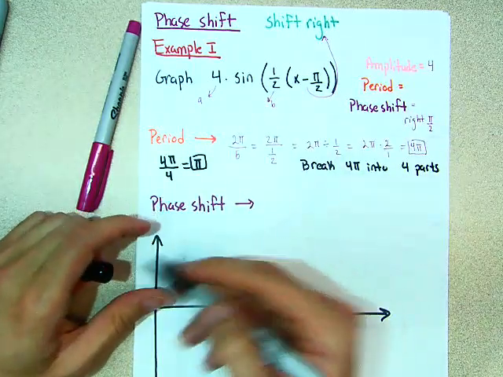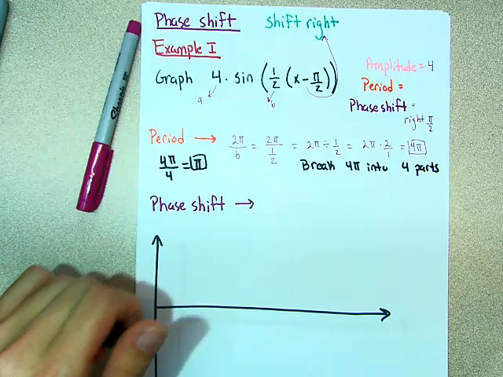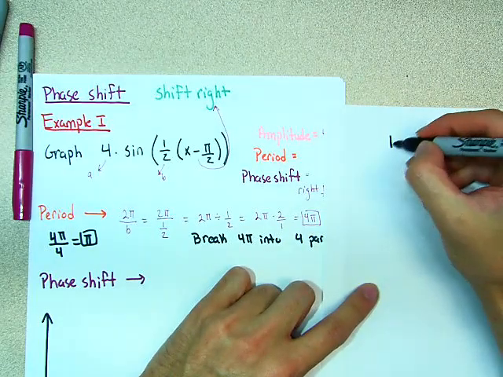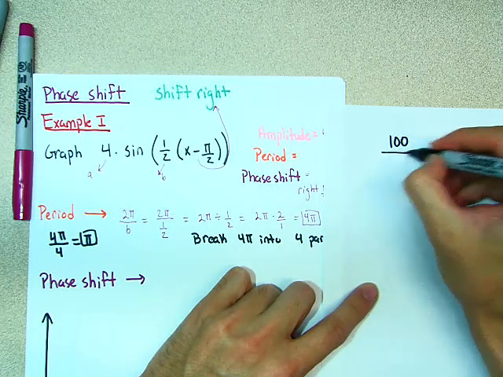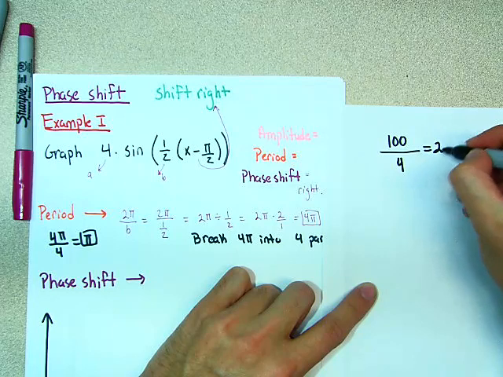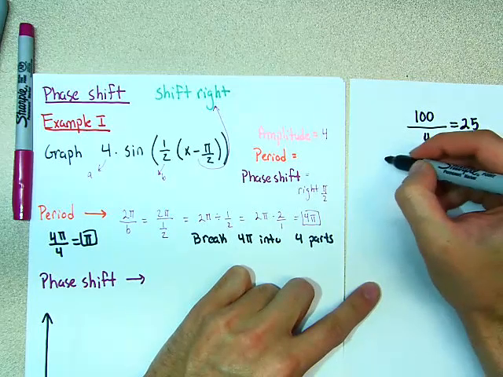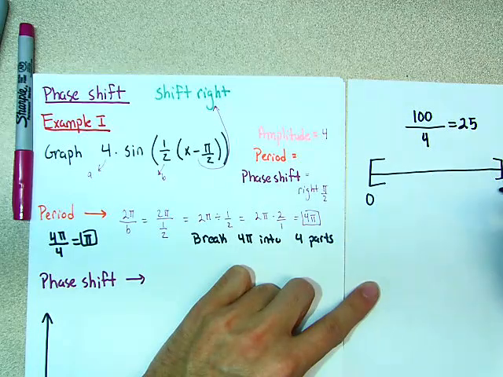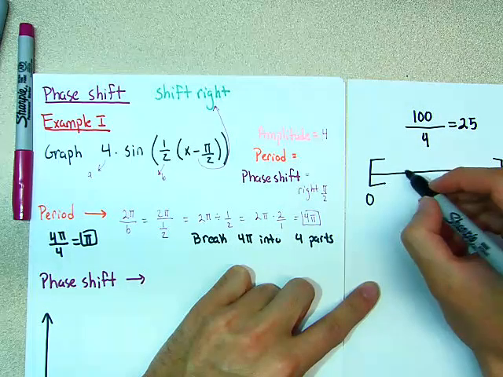And it's like that example I showed you before. Let me get a piece of paper over here. If I wanted to break, let's say, 100 into 4 parts, well, what do I do? I just divide 100 by 4, I get 25. This is from 0 to 100, and then I'm going to break it into 4 parts.